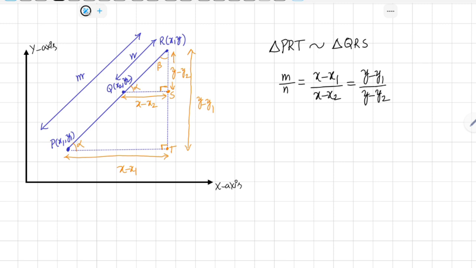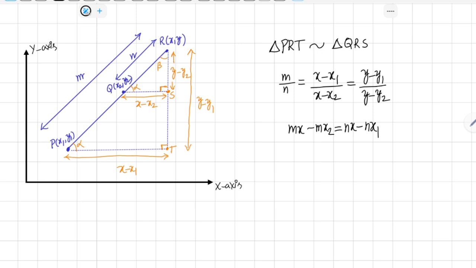Okay, now considering these two terms first, or any two terms, I am just considering these two terms now. If you do cross multiplication, you will get mx minus mx2 is equal to nx minus nx1. Now I'm just sending nx to LHS and mx2 to RHS.